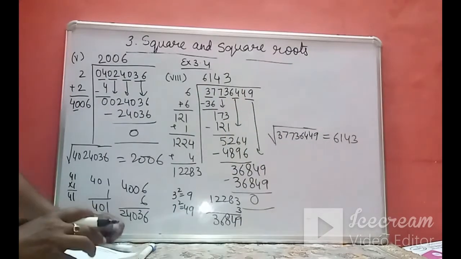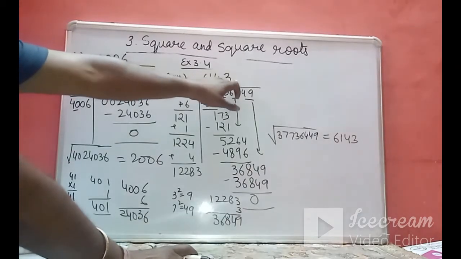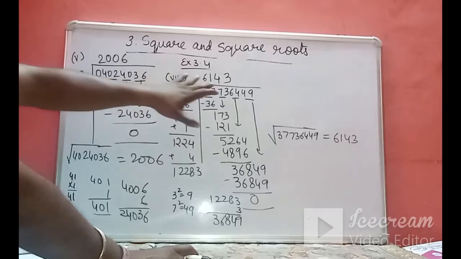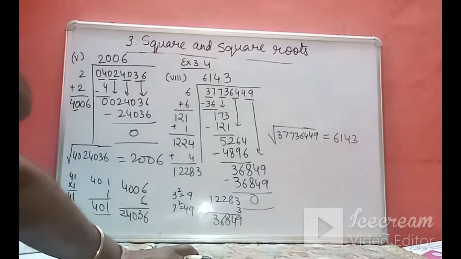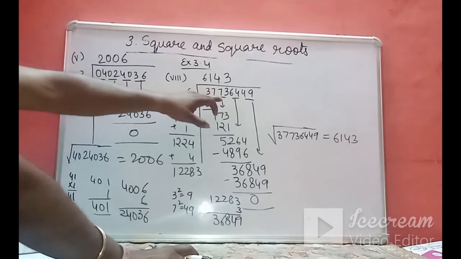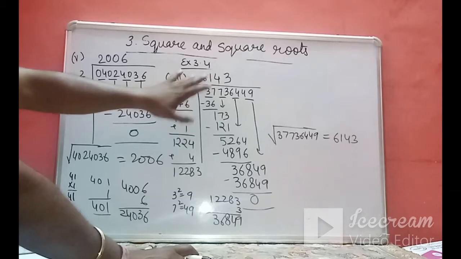And this number is actually a prime number. Okay, 6143 is a prime number. So it will be difficult for you to check this number. If you use the prime factorization on this number, then it will be very difficult for you to find the square root of this number.